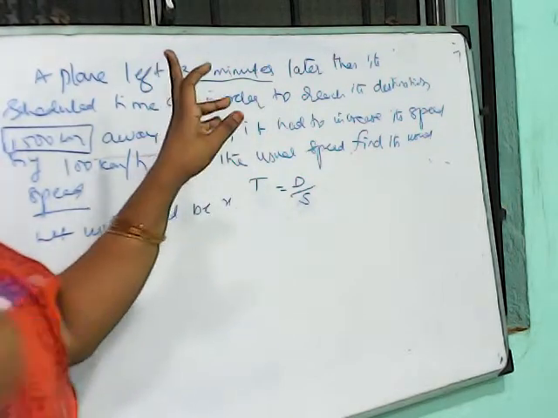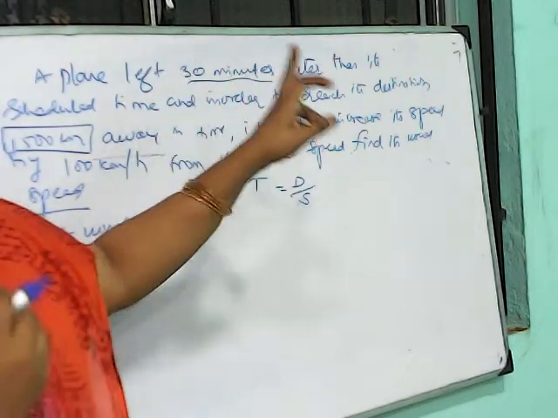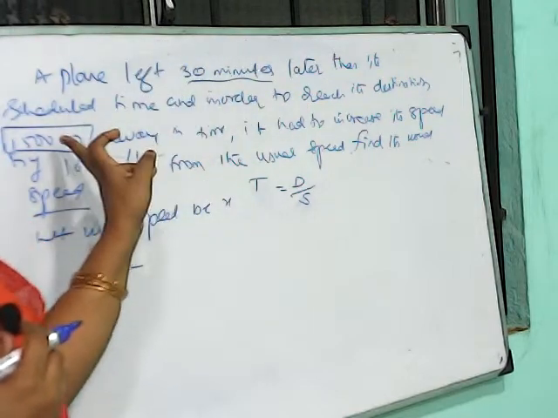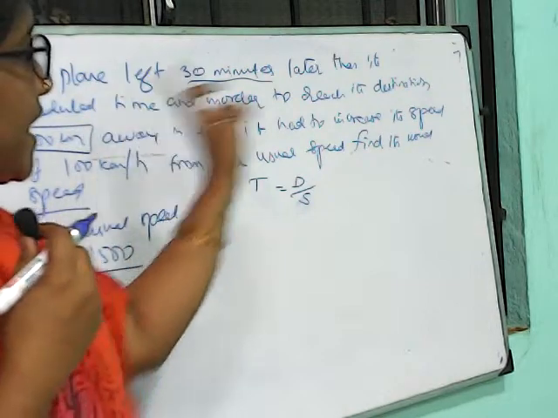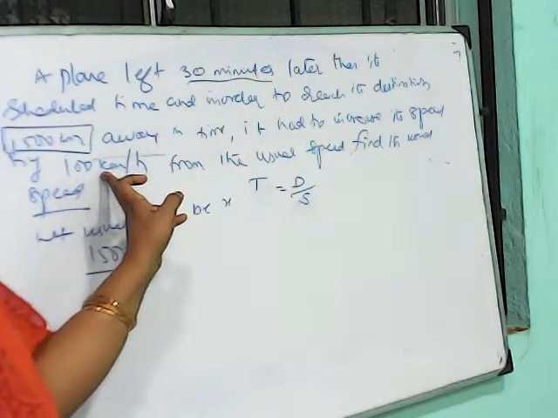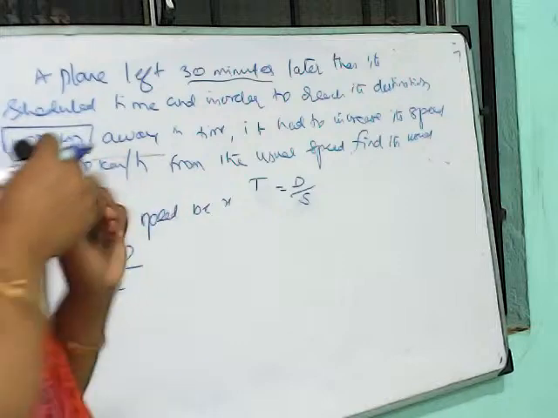Now what they have given is that to reach this 1500 kilometer destination, it has to increase its speed by 100 kilometers per hour. So now how will we do this?